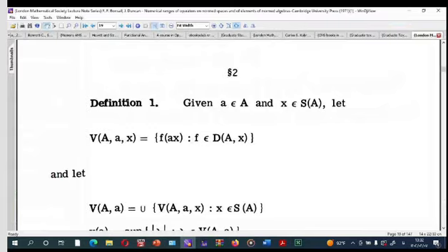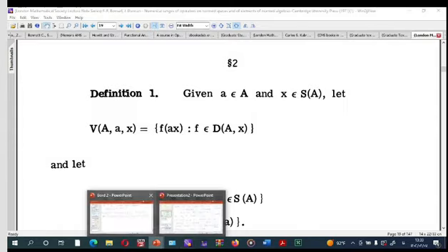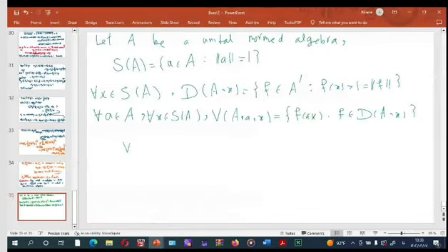And finally we have V(A, a) equal to the union of all these sets.